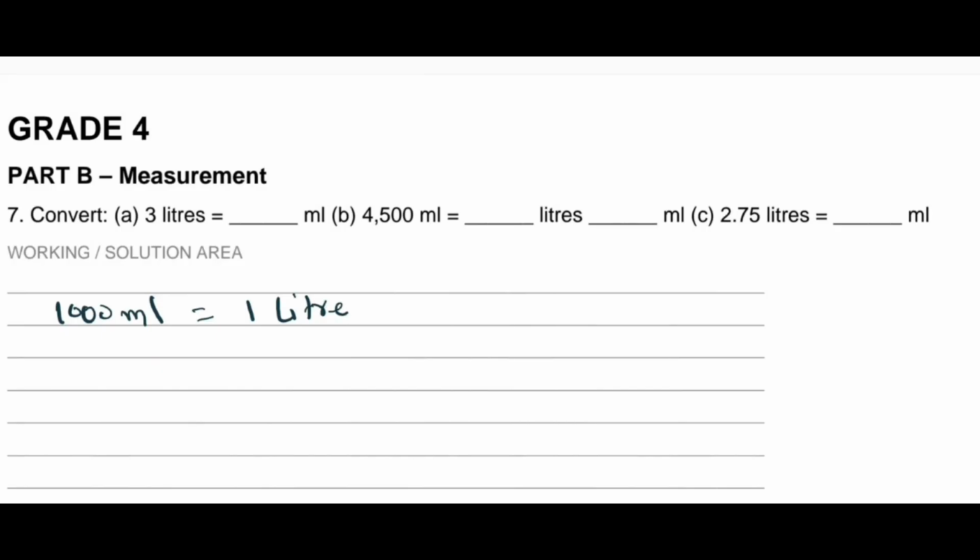Do you understand? Okay, so when they tell you that you should convert 3 liters to milliliters, it is equal to 3 times 1,000. That will give you what? 3,000 milliliters. That's A.